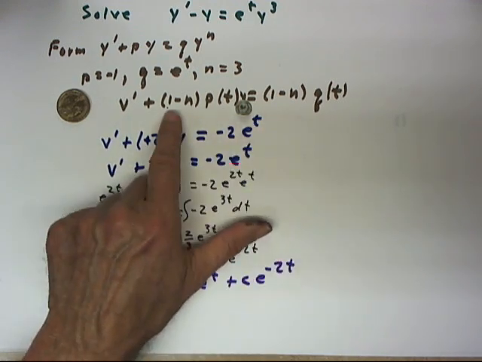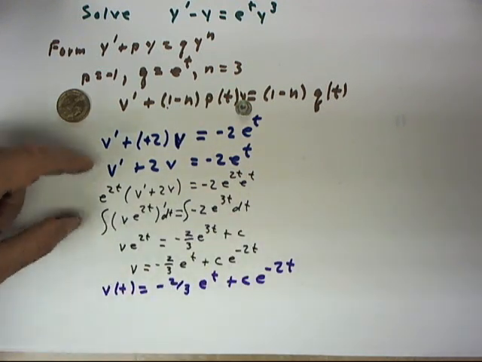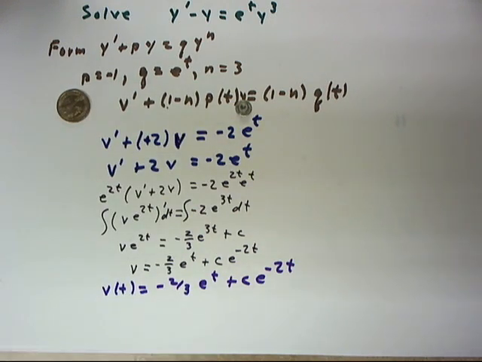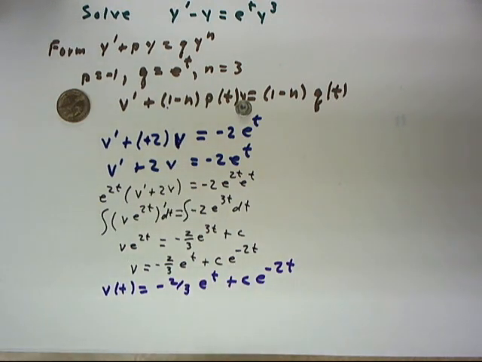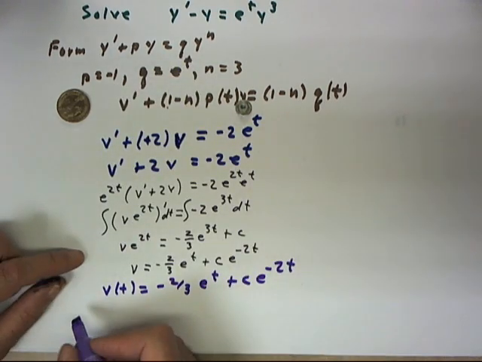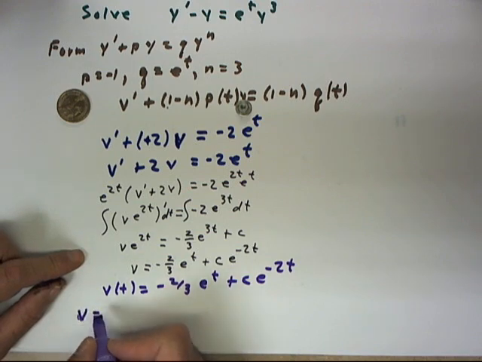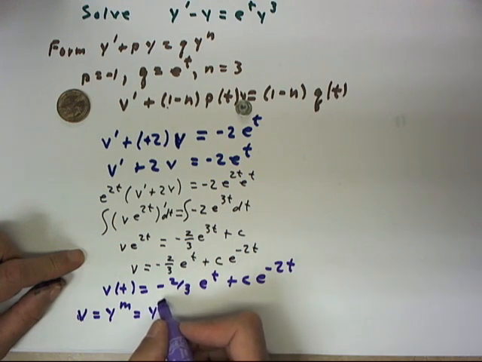We've encompassed the step where we see that m has to be negative 2 in order to reduce this to the form of a linear homogeneous equation. But we probably should have identified that step up here where m was equal to 1 minus n. In any case, v equals y to the m equals, in this case, y to the 1 minus n.